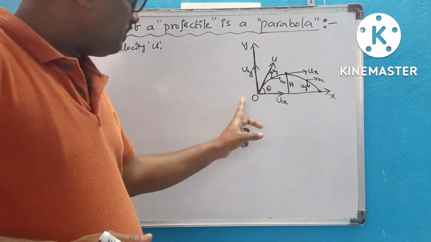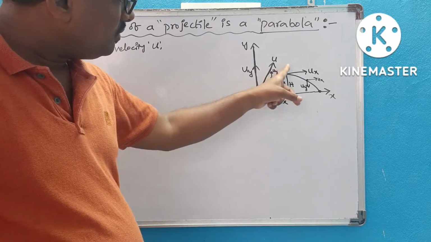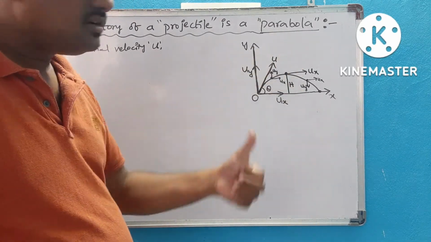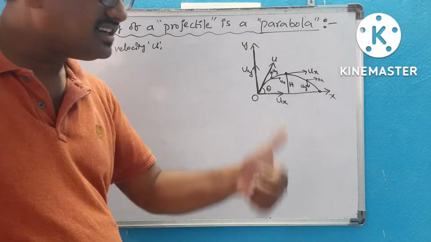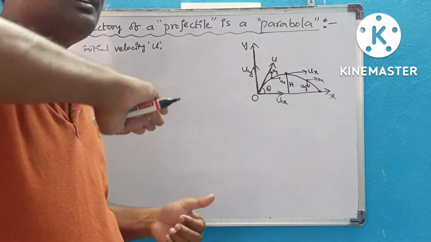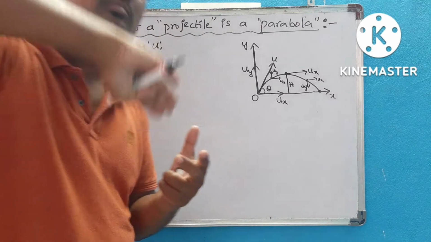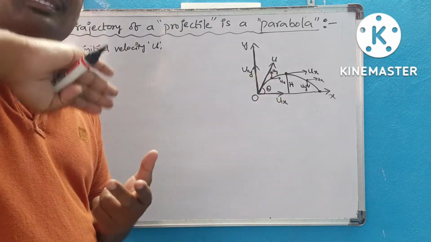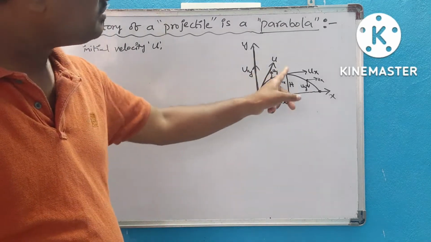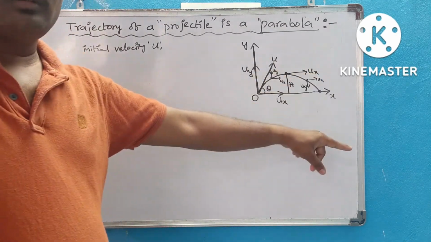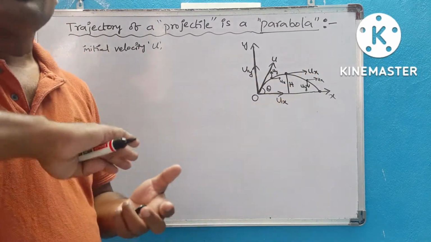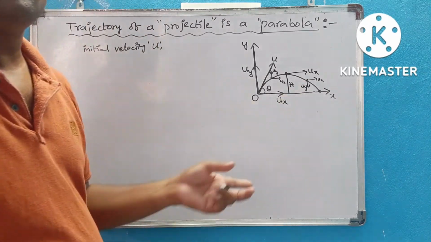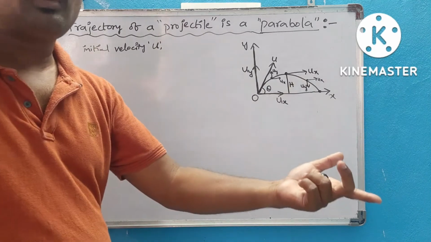So from the origin to the middle of the path, the maximum height point, the vertical direction of the projectile is upward. Why? Because the height of the body gradually increases. But from the maximum point to the ground, the height of the projectile gradually decreases and finally it falls onto the ground.